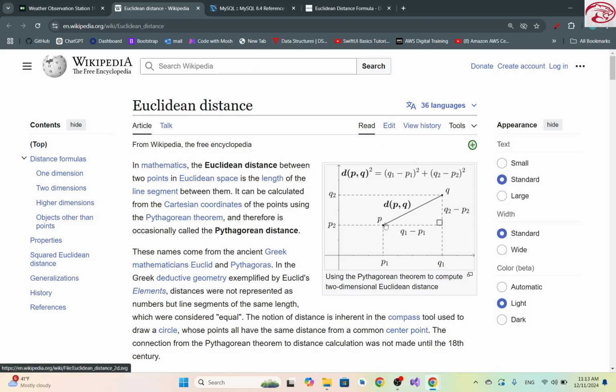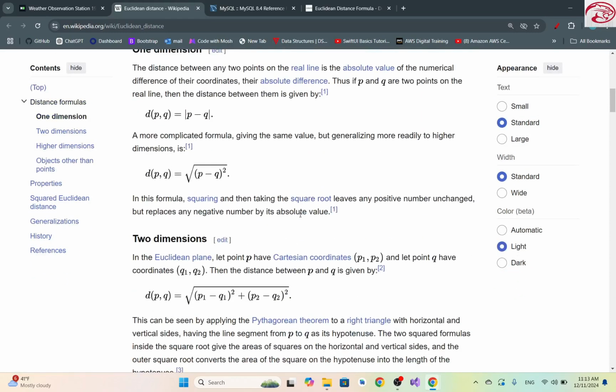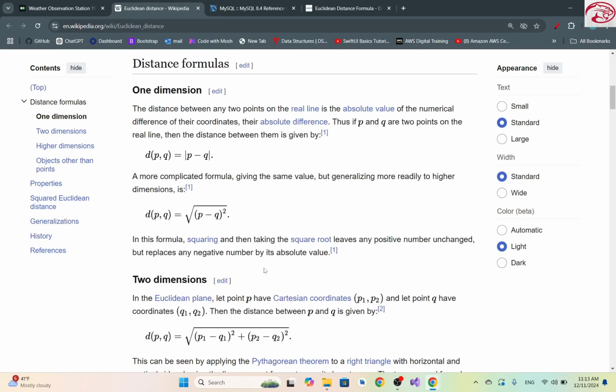Given 2 points P and Q, P represented by coordinates P1 on x-axis and P2 on y-axis, and Q represented by Q1 on x-axis and Q2 on y-axis, we can calculate the Euclidean distance between P and Q using this formula. A square of P minus Q, P1 minus Q1 plus a square of P2 minus Q2, and we take the square root of everything. That's going to give us the Euclidean distance.